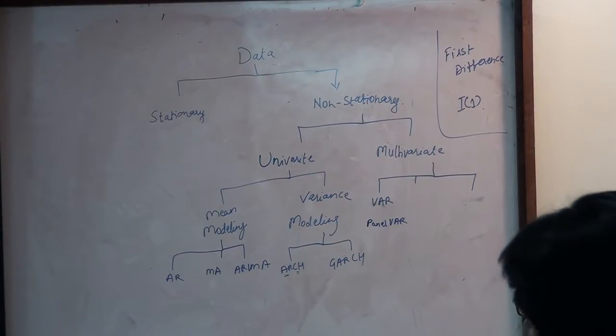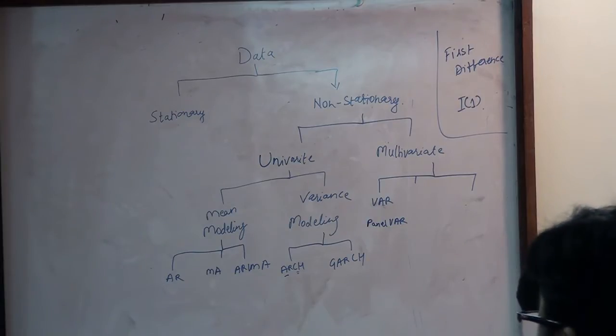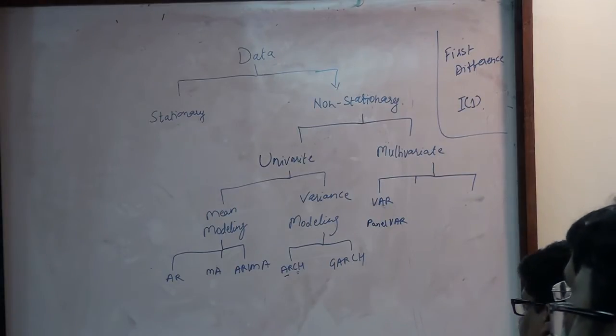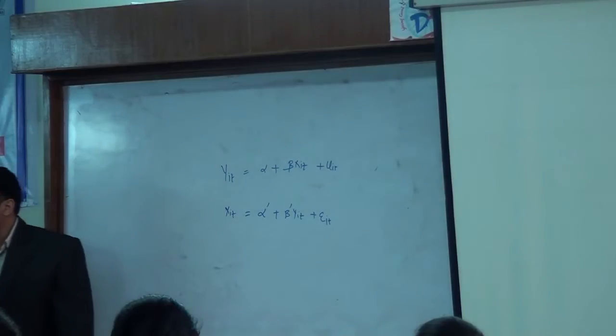However, if I have something like x_it equal to alpha dash plus beta dash y_it plus epsilon_it, this is called autoregression. So I am related to x, and x is related to me. So there is a two-way causality.